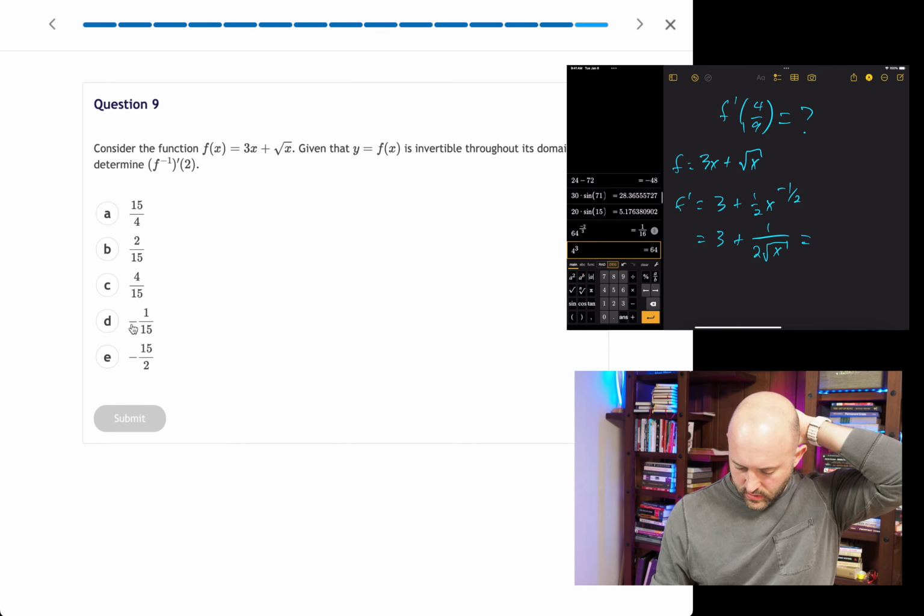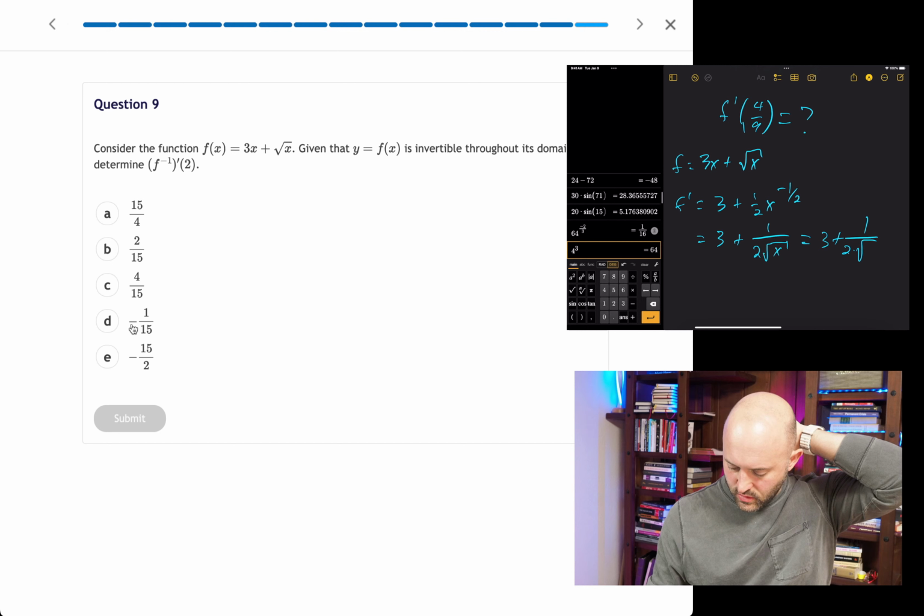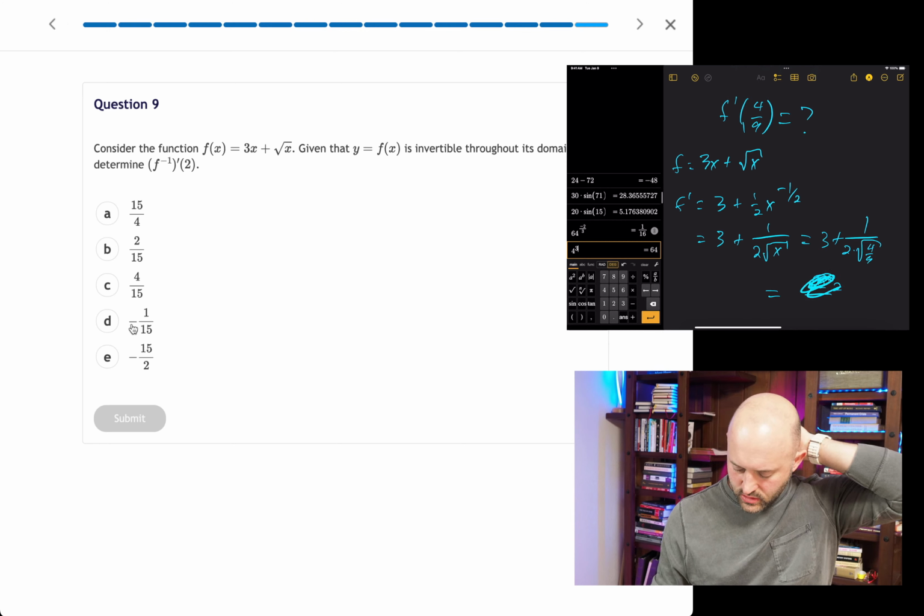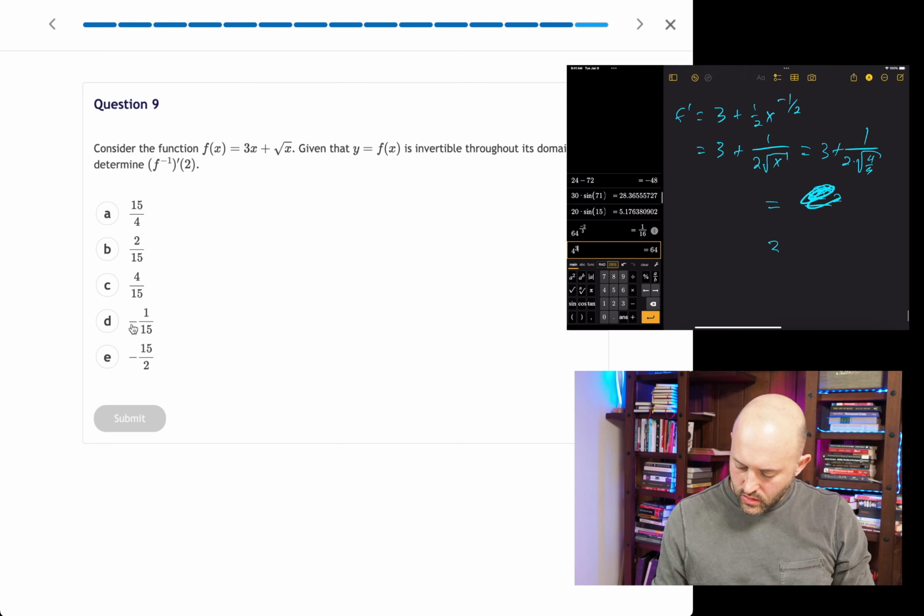Okay, so when x is 4/9, we get 3 plus 1 over 2 times the square root of 4/9, which would be 2/3.